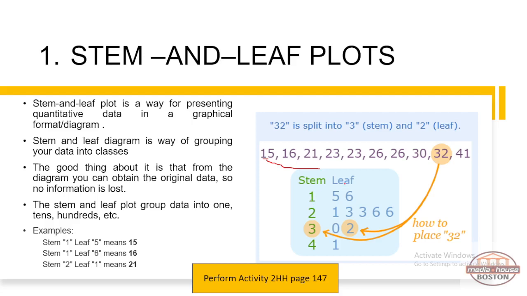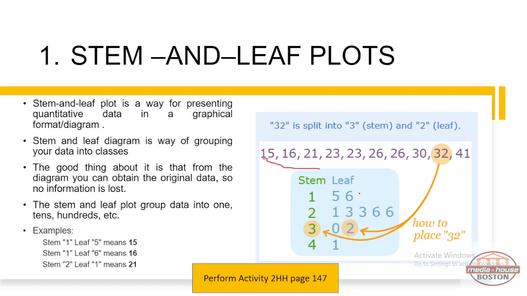So the leaf will be 21, 22, 23, and so on, based on the order of the information. You have your 1 here, and the values falling within the tens, from 10, 11 to 19, will be listed under the leaf.